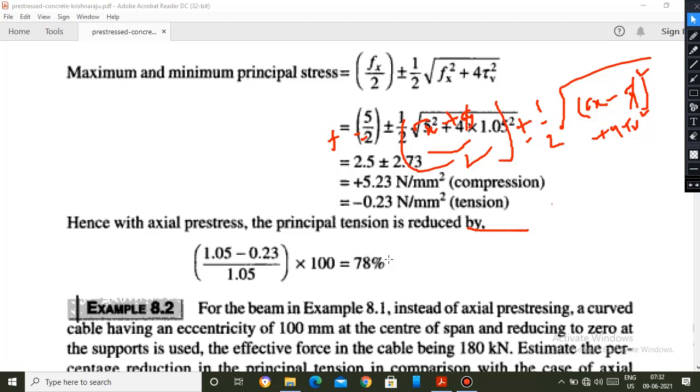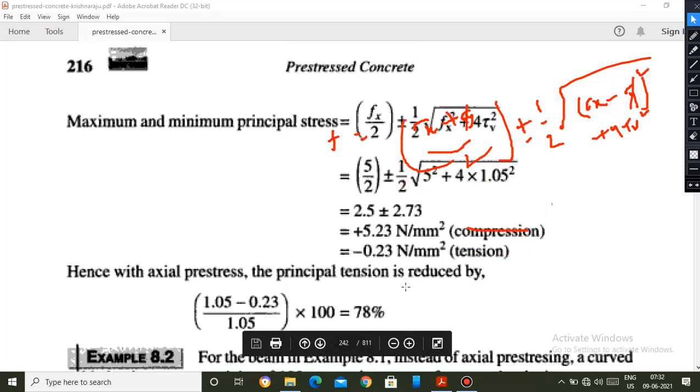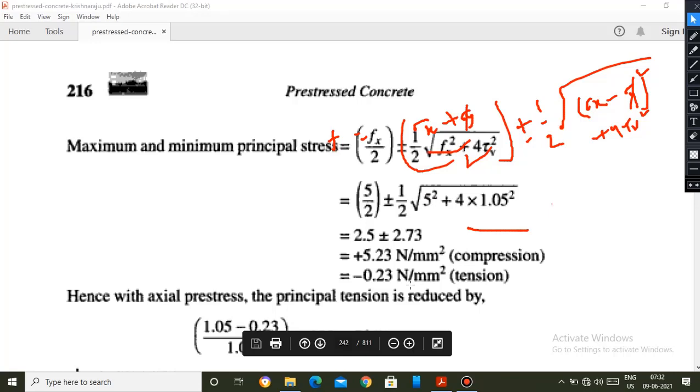In the similar way, we can calculate how much tension is reduced while giving the vertical pre-stressing, using this formula. This is how we can calculate the effect of axial pre-stressing of the pre-stressed concrete structural member. In the next class, we will solve a few more problems based on this concept. Up to now, this is the topic for pre-stressed concrete structural members.